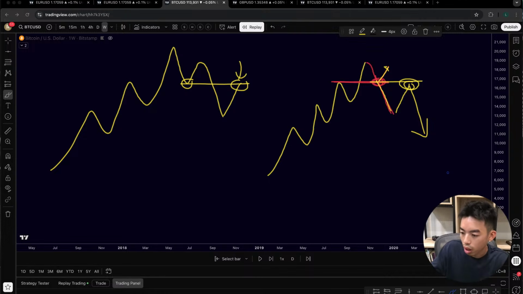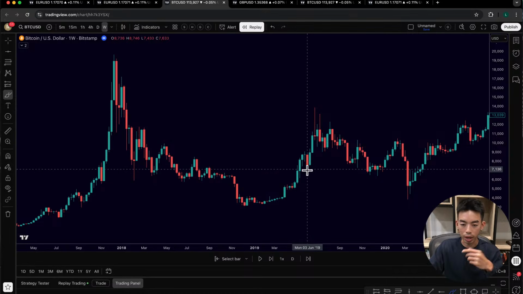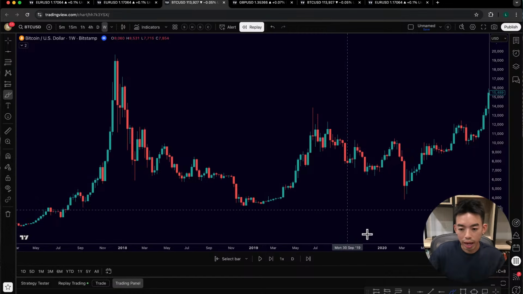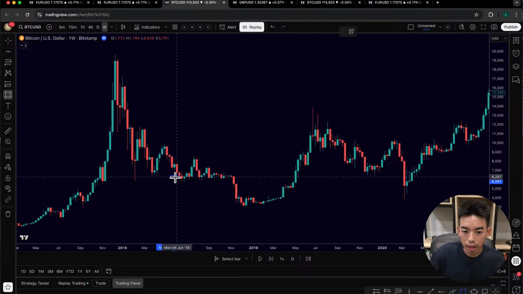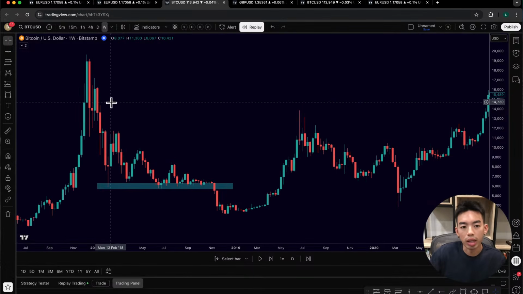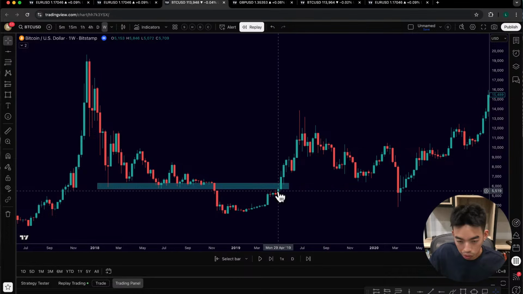Yeah, cool. All right, so if we use the same idea here, and if we look at the Bitcoin chart one more time right here, we can clearly see that's what's happening, right? A clear SNR like this, a very, very clear support and resistance in what looks like a short-term downtrend. People were supposed to sell here.